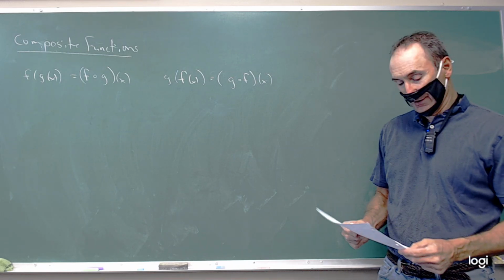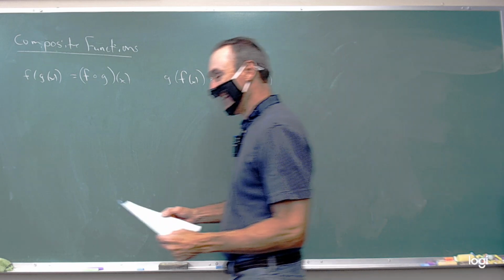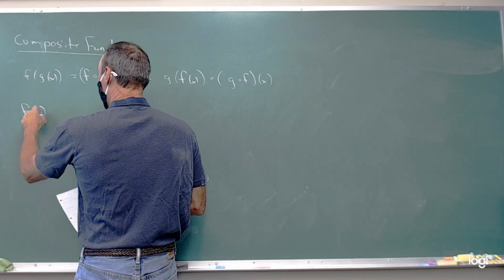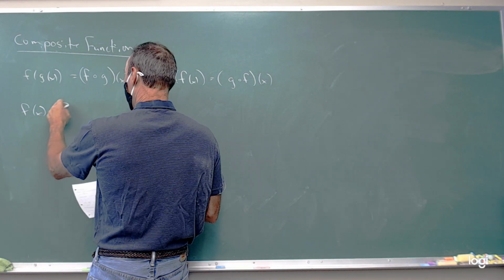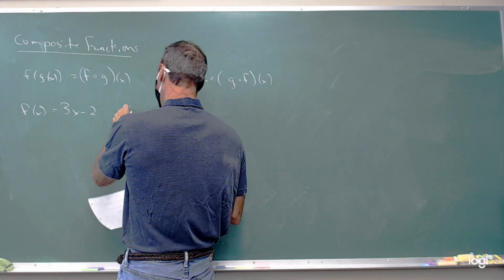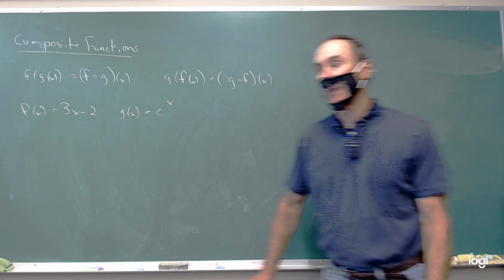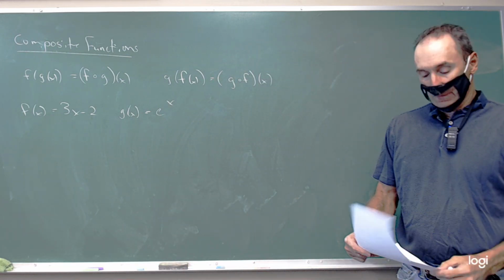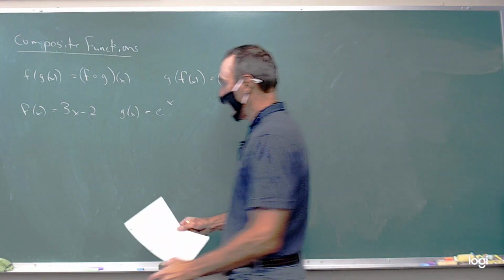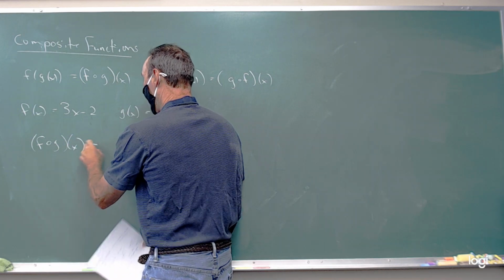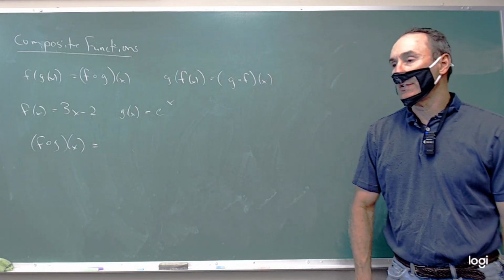Yeah. Good, good, okay. So for example, f of x is equal to 3x minus 2, g of x is e to the x. So we can write f composed with g of x.